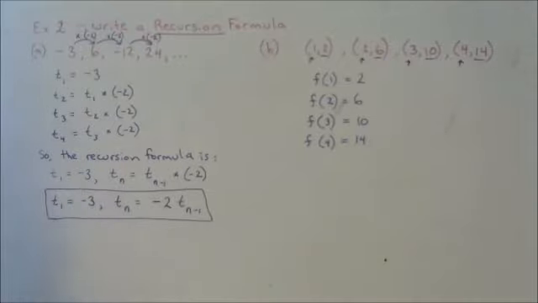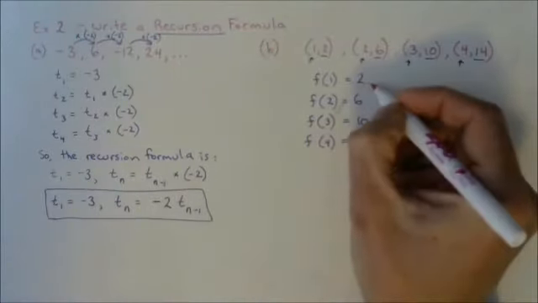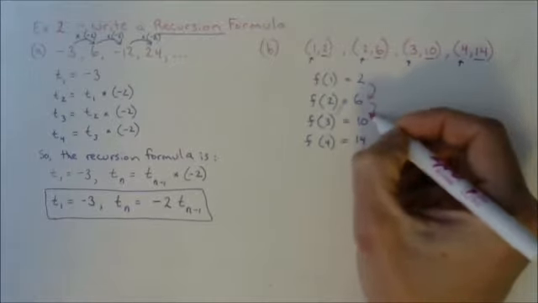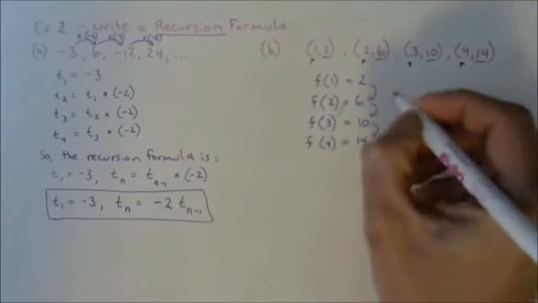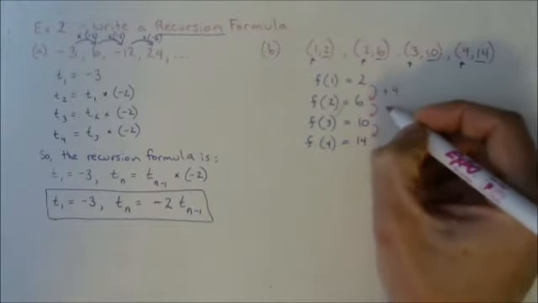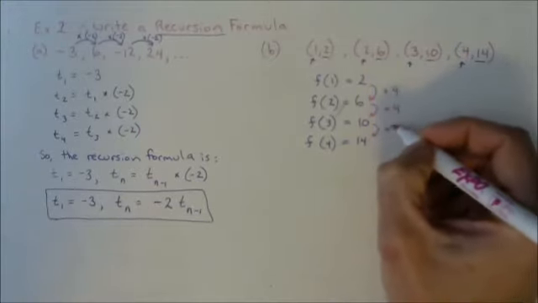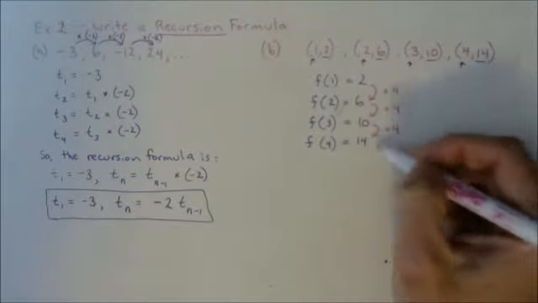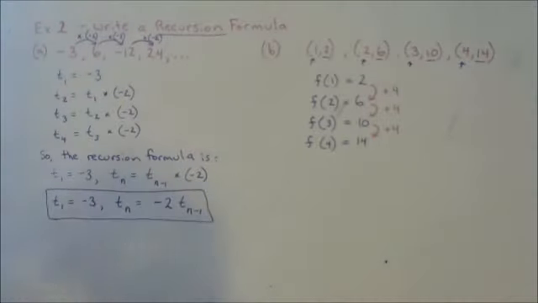And now I'm just going to be looking for a pattern. So how am I going to get from this first term to the second term, to the next term, to the next term? In this case, it's pretty easy to see. All we're doing is taking the previous term and adding 4. And if I can develop a consistent pattern that way, then I can create a recursion formula.